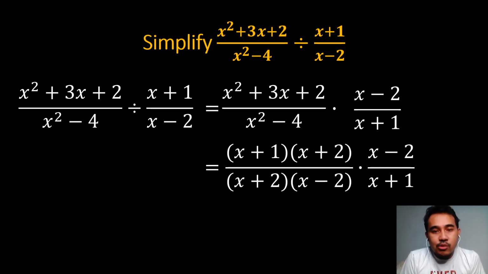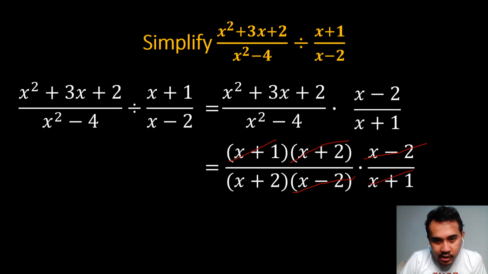Now, we can cancel common factors such as x minus 2 and here another x minus 2, x plus 1 and x plus 1 here, and then x plus 2 and another x plus 2. What happens if you cancel all the factors in the numerator and the denominator? The answer will lead you to 1.